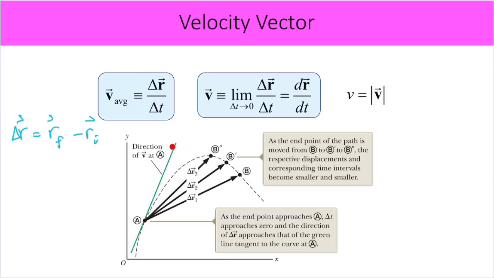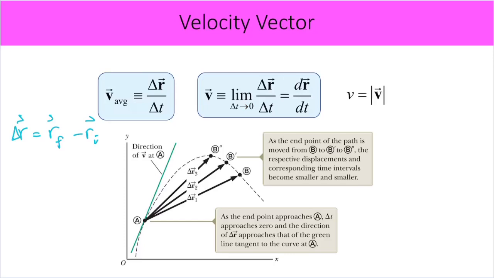Take the slope of the tangent line that touches point A, because let's say we want to know the velocity at point A, the direction of the velocity at point A. So figure out one tangent line touching point A and calculate the slope of the tangent line for A.